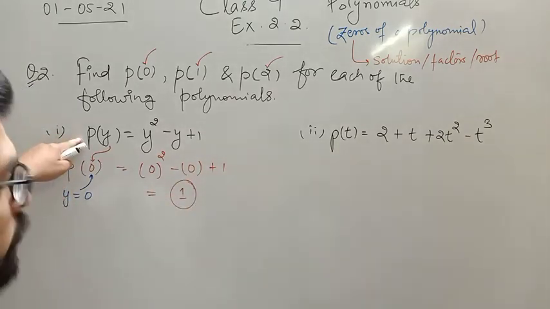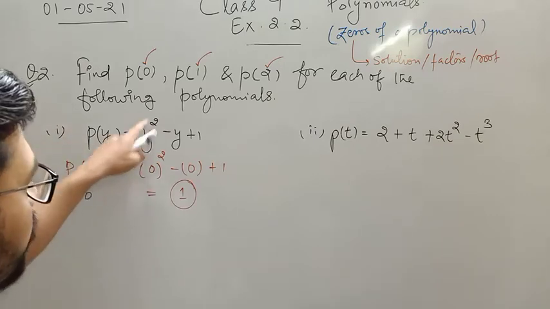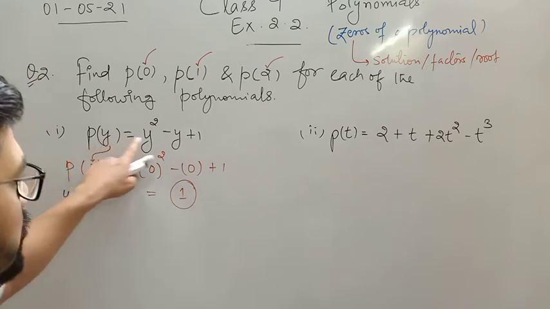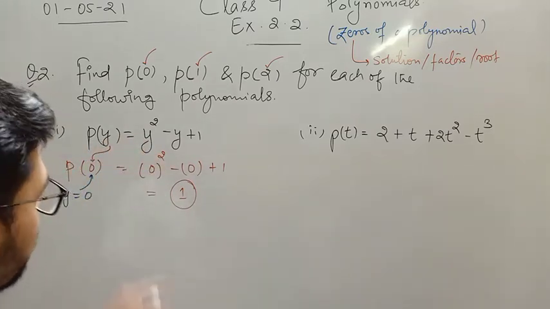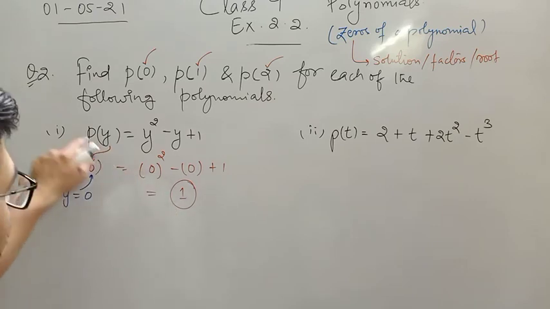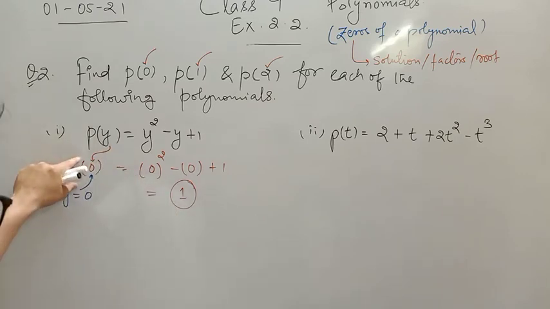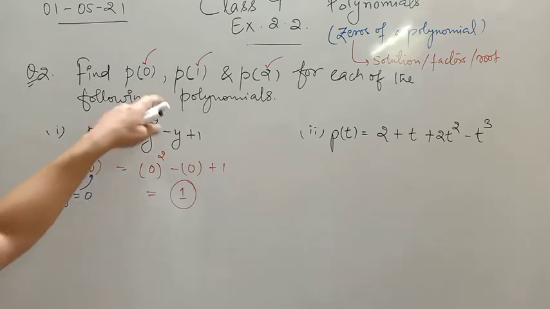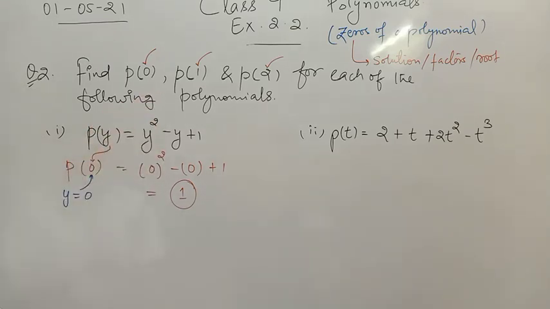So this polynomial p of y equals y square minus y plus 1 gives me 1 when I put y equals 0. That's why p0 is equal to 1. Similarly, I can find the value of p1.